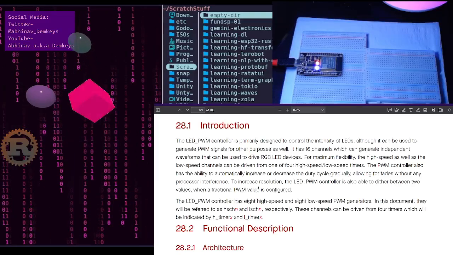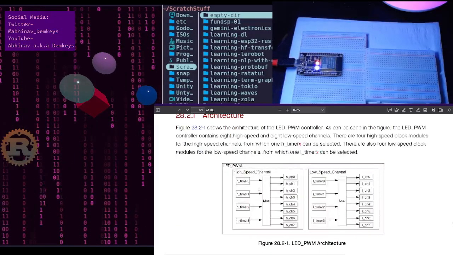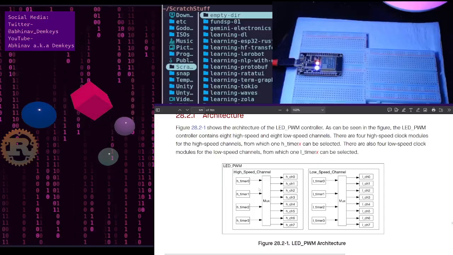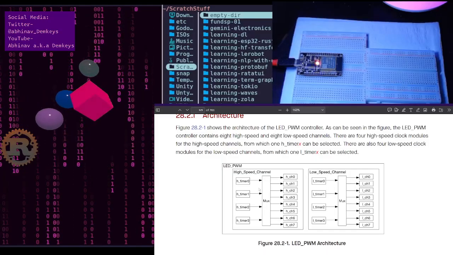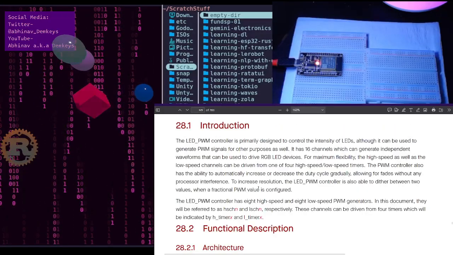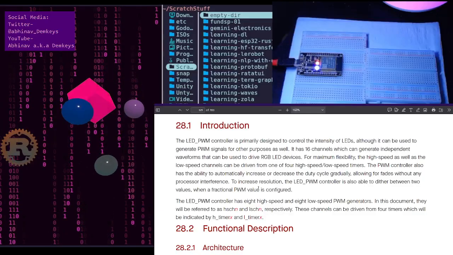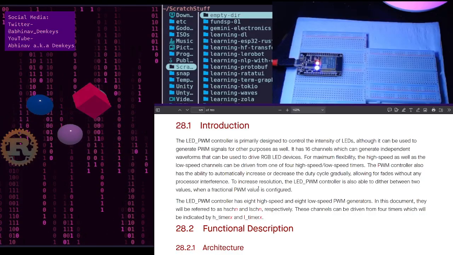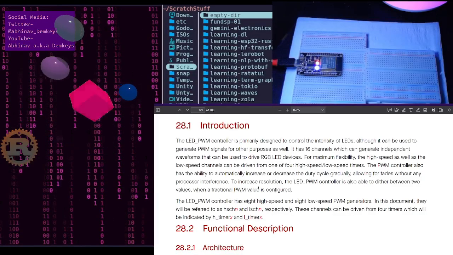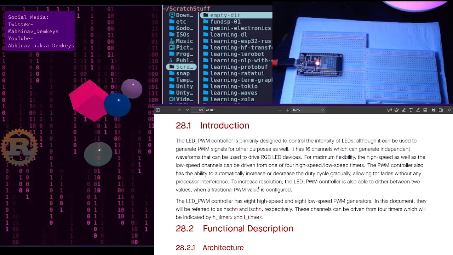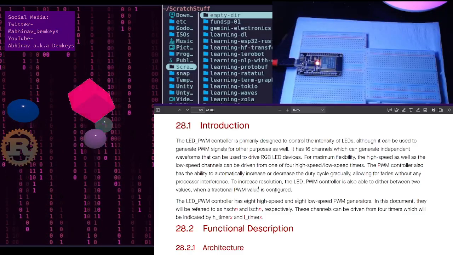Okay, these are channels. The channels are also low speed and high speed. I didn't pay attention to that. Okay, the channels are also being categorized as low speed and high speed. So in total, we have 16 channels, 8 on high and 8 on low, right? Let's read that from the beginning again.